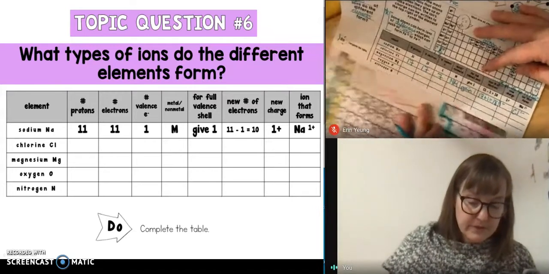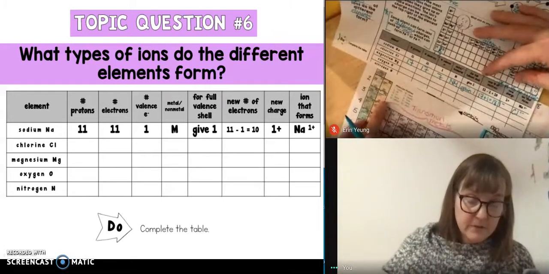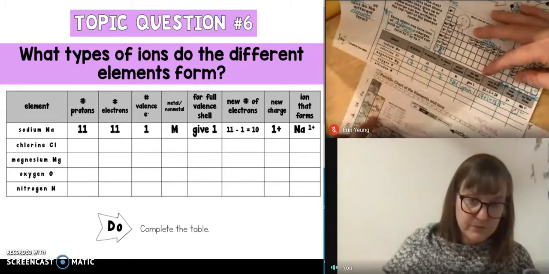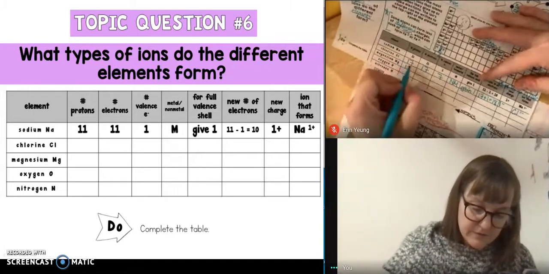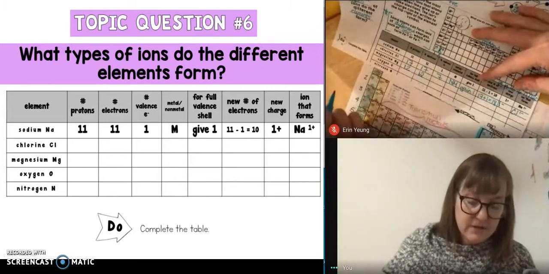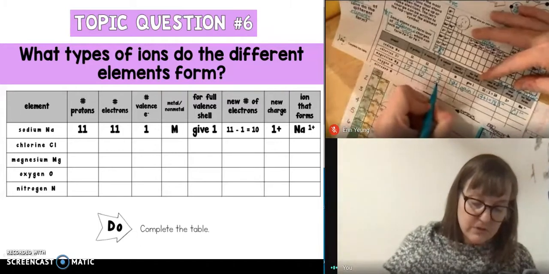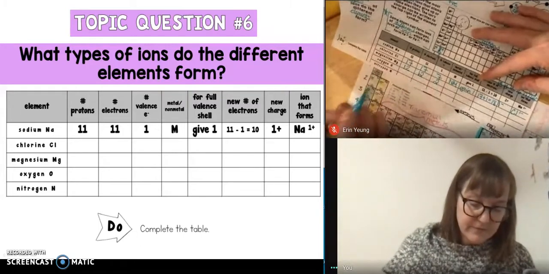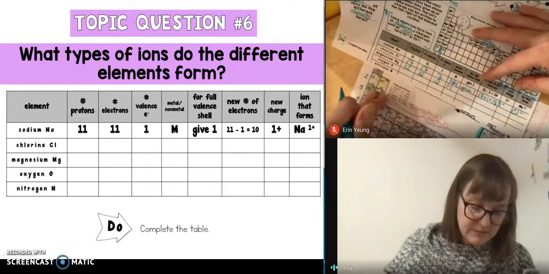So we're going to keep going. Magnesium is here, which is in group 2 of our periodic table. It's got 12 protons, which means it should have 12 electrons. Because it's in group 2, we know it has 2 valence electrons. It's a metal, as it's on the left side of the periodic table.